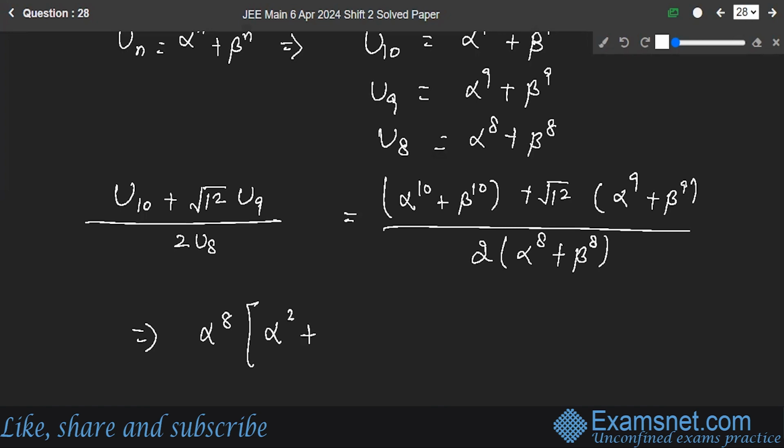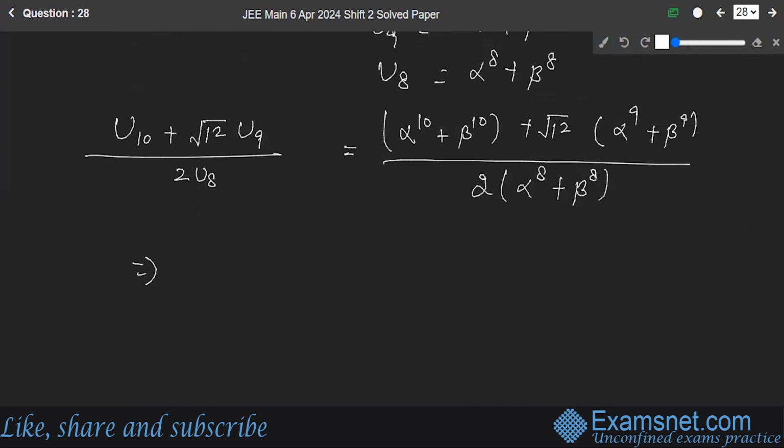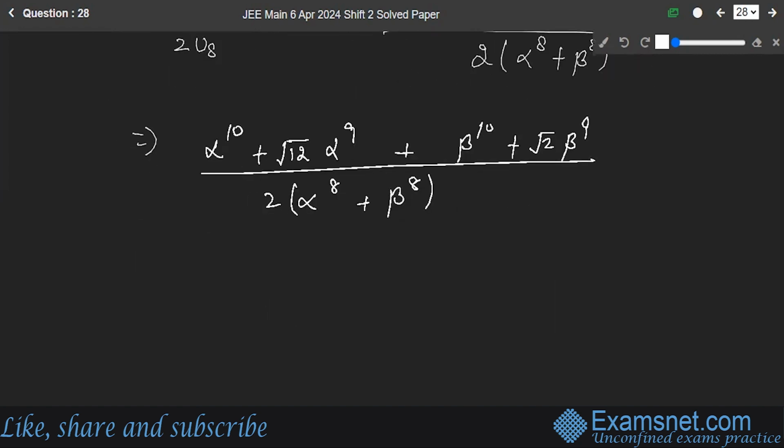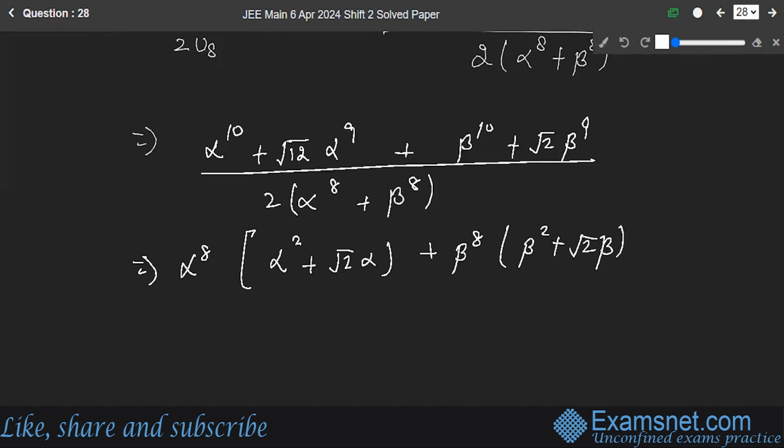Let's open it up first. So here you have alpha power 10 plus root 2 alpha power 9 plus beta power 10 plus root 2 beta power 9, whole divided by this. So let's take this common. This will give me alpha power 8 into (alpha square plus root 2 alpha) plus beta power 8 into (beta square plus root 2 beta), whole divided by this.